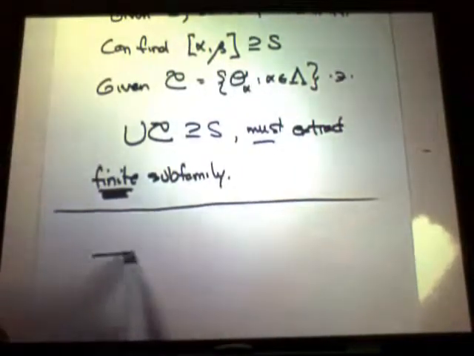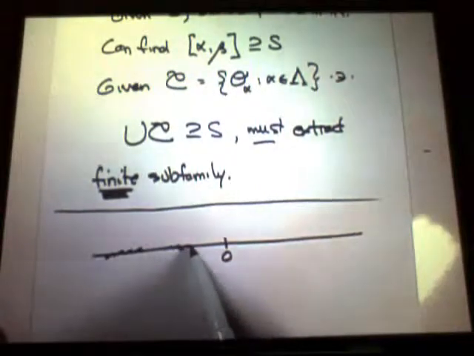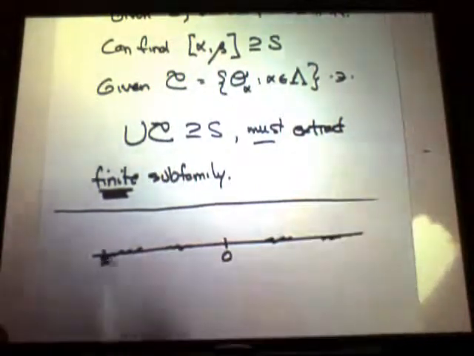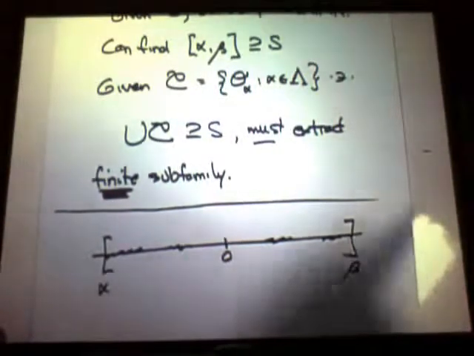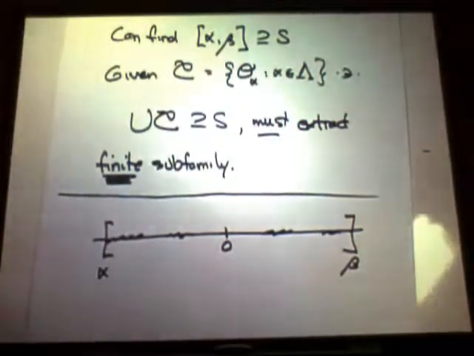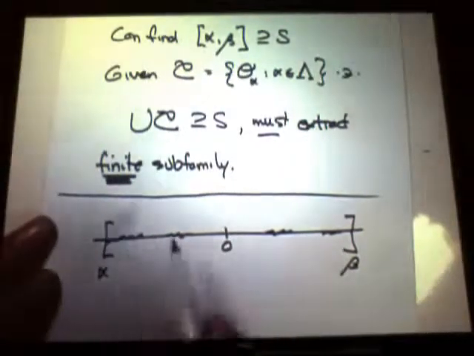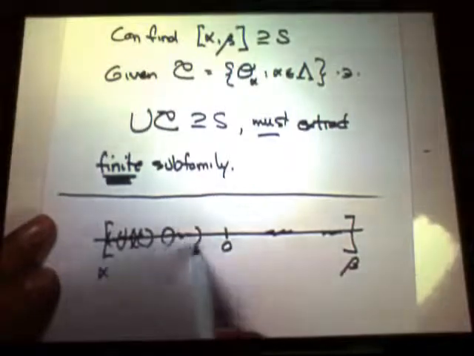Well, let's draw a picture again. There's the origin. Here's S spread out all over the place, but of course S is bounded and it's closed. So if there's any limit points laying around, they're in S, right? Okay. Well, now S is covered by all these bazillion open sets, right?